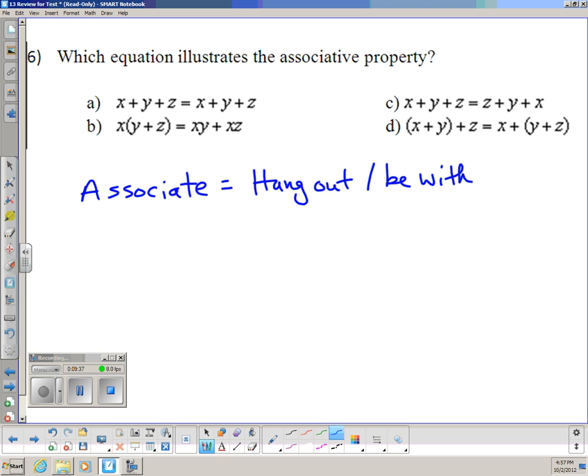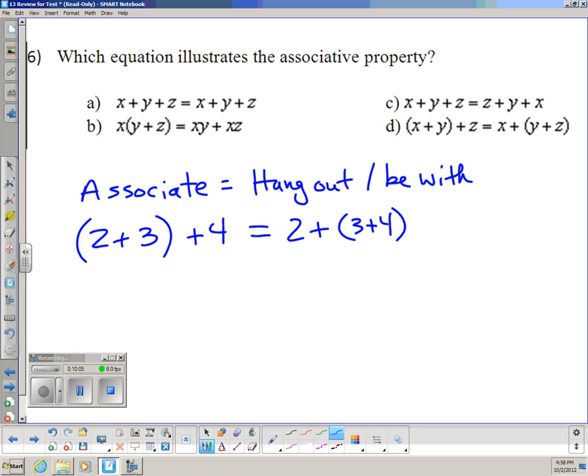All right? So, the associative property means that if 2 and 3 are hanging out together and 4 is not with them, that's the same thing, if you add, as if I had 2 not hanging out, but 3 and 4 were in the parentheses together.